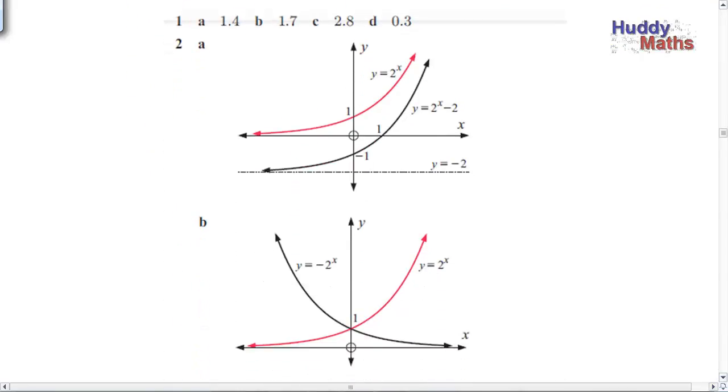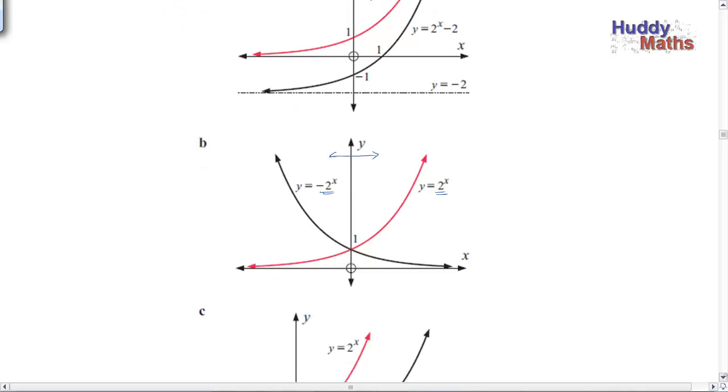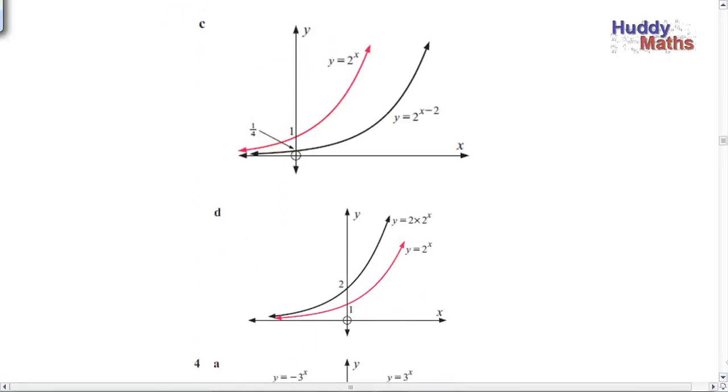Here they are. Some interesting ones here. Just keep in mind what you're doing. Here, 2 to the x multiplied by negative reflects it in the y-axis. Let's go down and do a couple more. 2 to the x take 2.